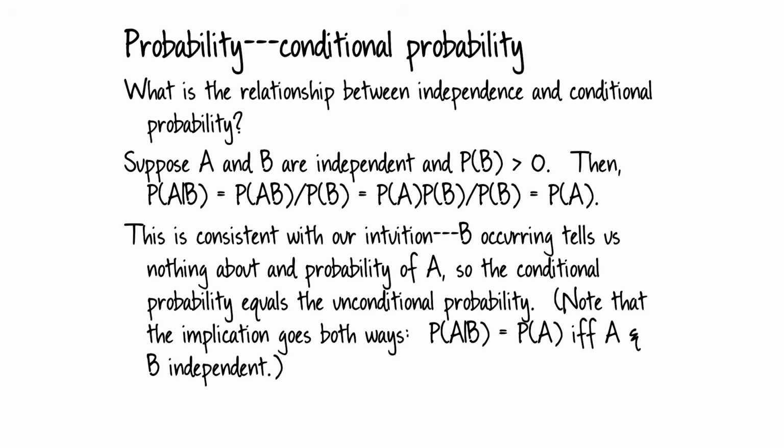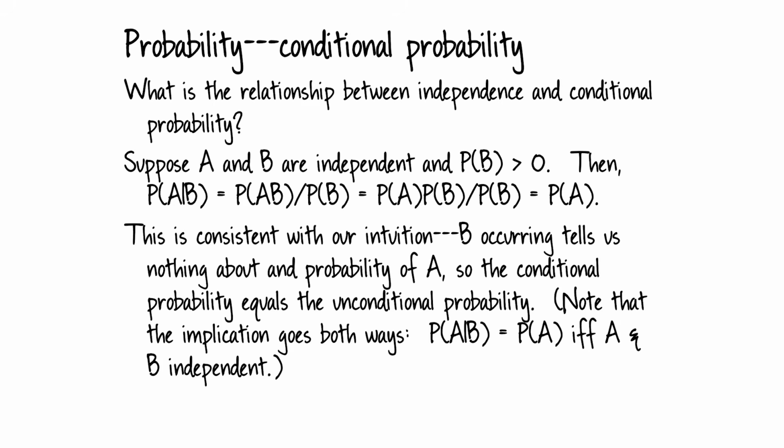Then the probability of A conditional on B is, by definition, the probability of the intersection divided by the probability of B. But since they're independent, the probability of the intersection is equal to the product of the probabilities. So it's probability of A times probability of B over probability of B. The probabilities of B cancel, and we get probability of A.